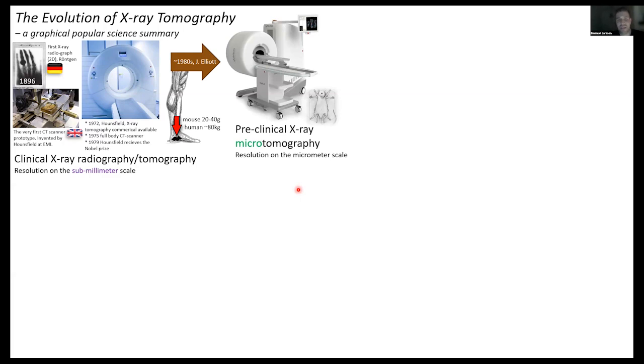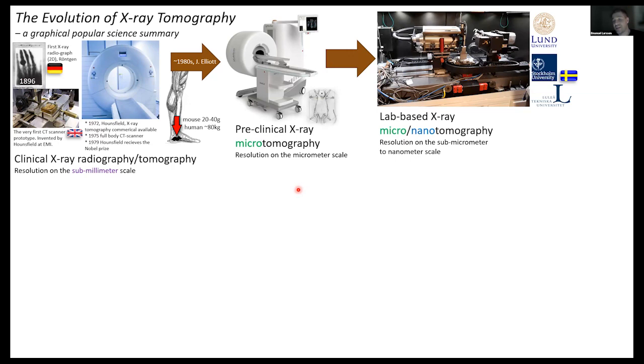But then in the 1980s, there was also an interest to re-engineer the CT scanner and make it more suitable for high resolution imaging, especially in rodents. So this you can call a preclinical X-ray CT scanner, or other sciences started getting interested in tomography.